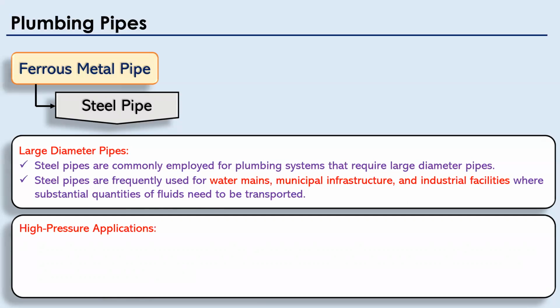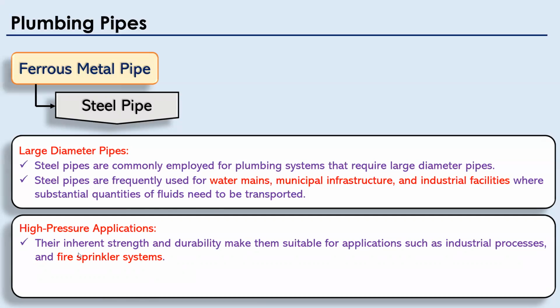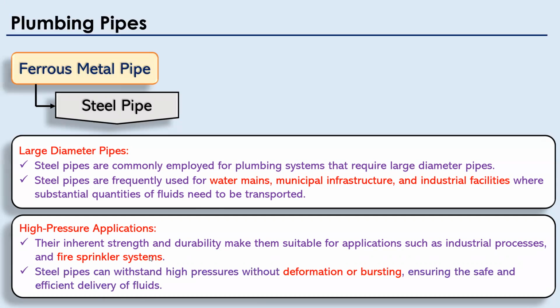Second important application is where high pressure is involved. Their inherent strength and durability make them suitable for industrial purposes where high pressure fluid is running, and for example for fire sprinkler systems, they are very much recommended.